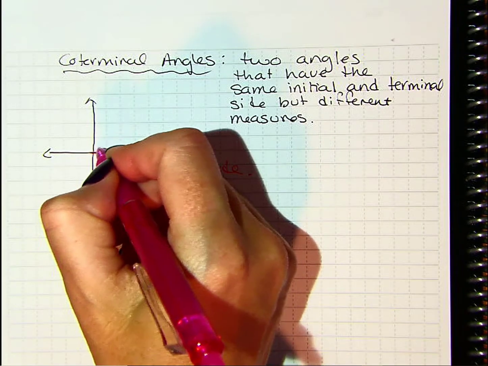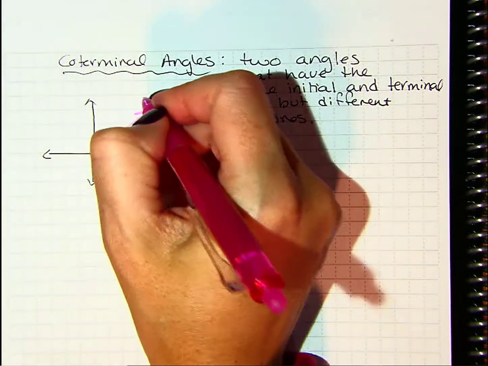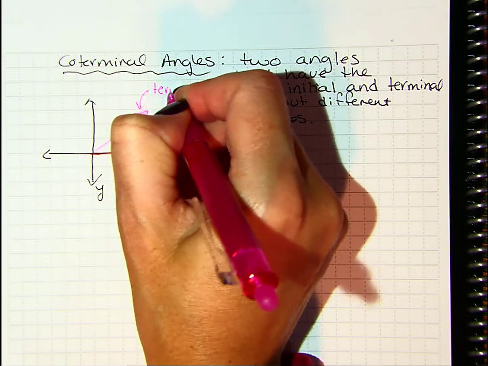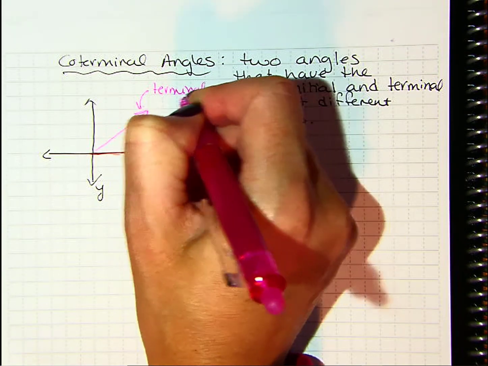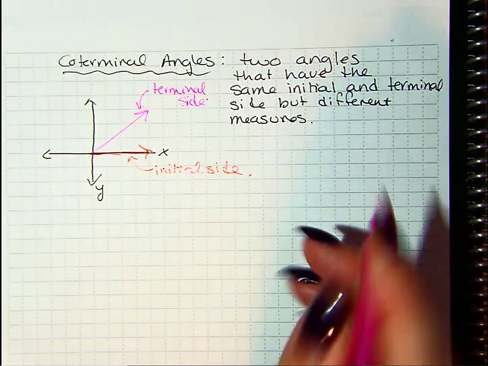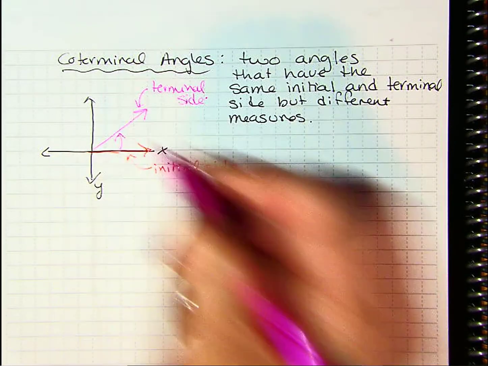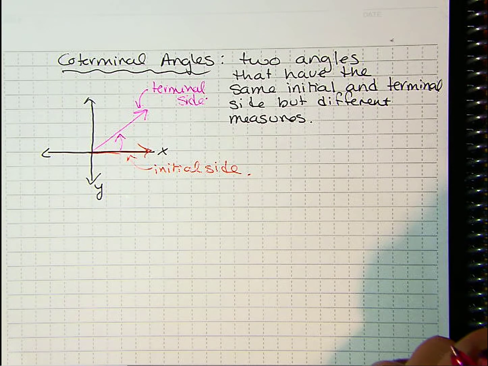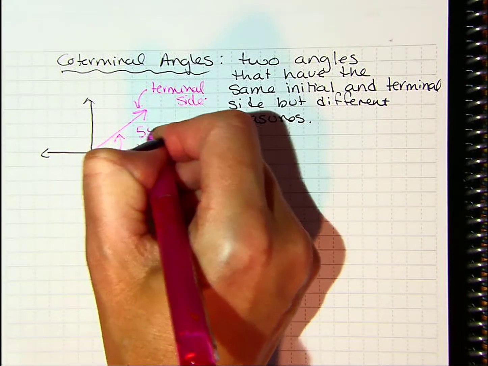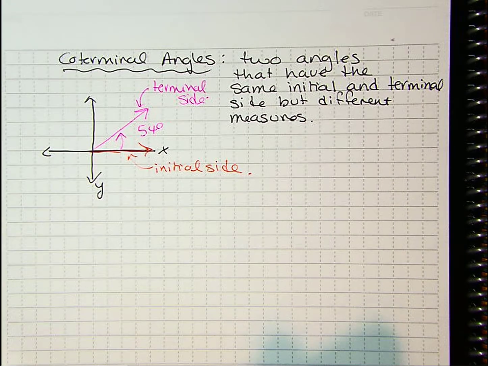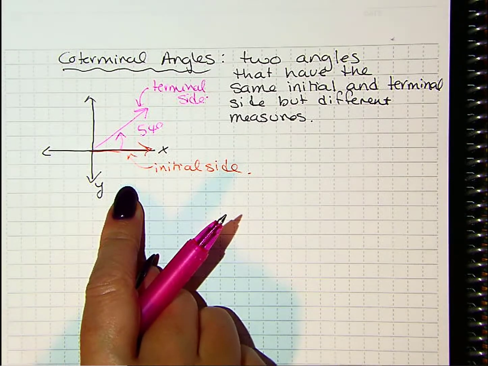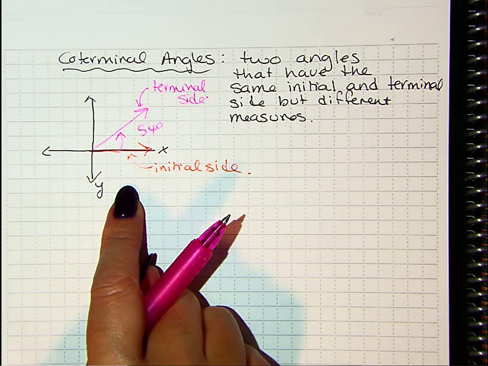So let's say here. And I'm just going to identify this as rotating counterclockwise, and this is going to be 54 degrees. So this is an angle in standard position.